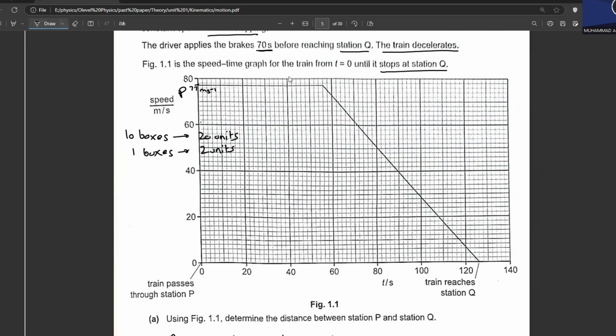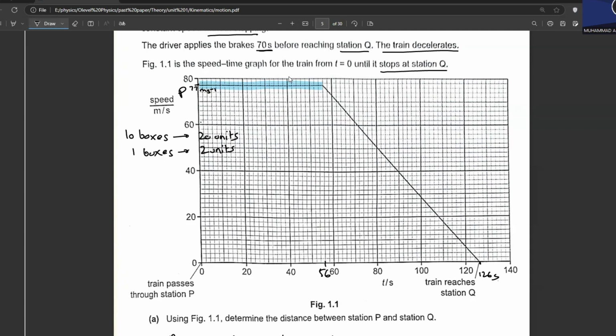How will you calculate its area? This is your first parallel side, roughly 56 seconds, and this is your second parallel side, that is 126 seconds.